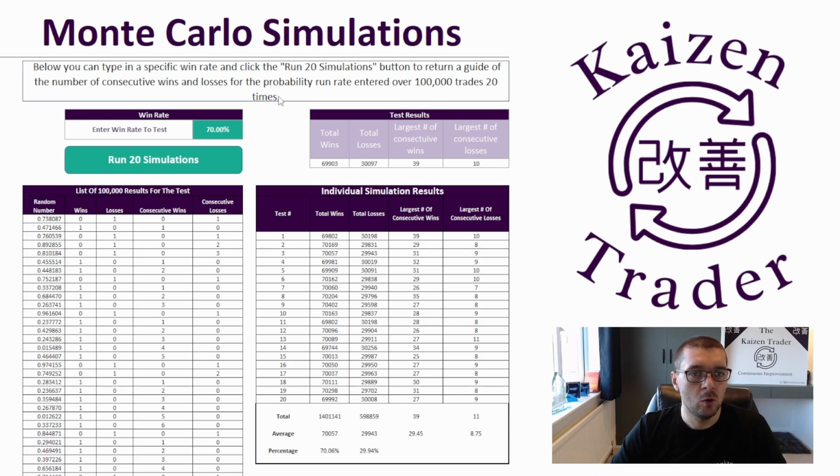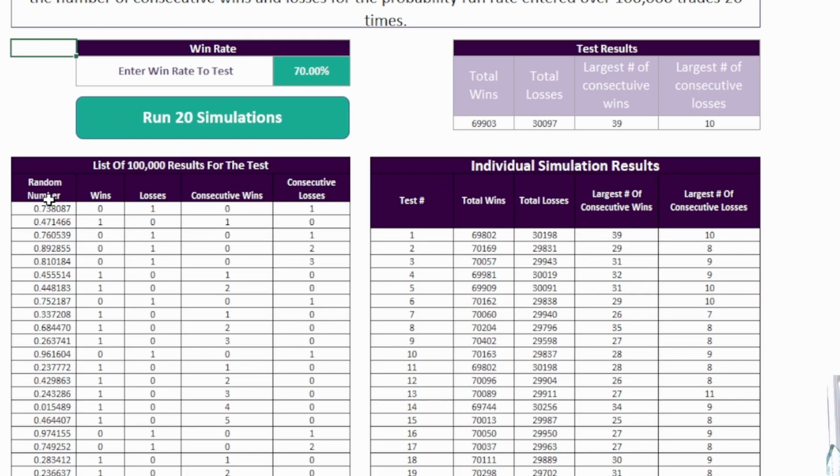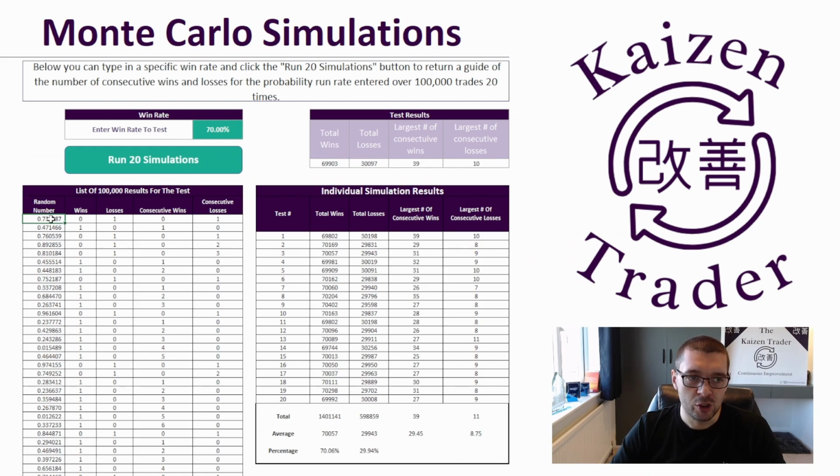So I'll show you what this Monte Carlo simulation is going to do and how it works to give you a better understanding of how we end up with this result at the end. Here in this random number, this is a number between 0 and 1 and it is completely random. So Excel produces these.